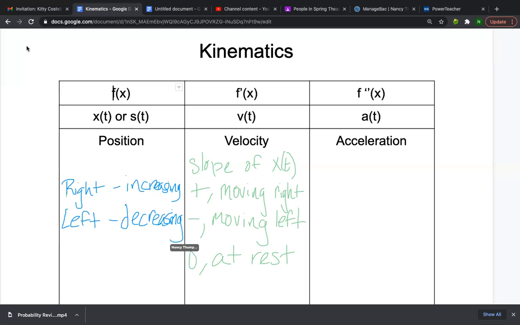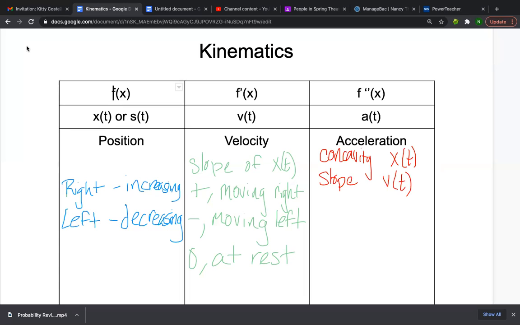Okay, and then lastly, we have our acceleration. So this is the second derivative, which means we look at the concavity of the original graph of x of t, or we can look at the slope of v of t. Okay.